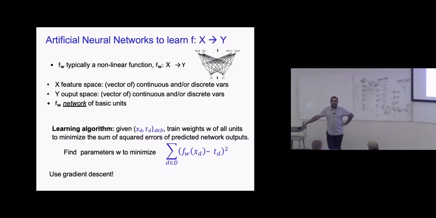What is the simplest thing? Dot product. Yeah? Because you have W1, W2, W3, W4, W5, and you have X1, 2, 3, 4, 5. So you essentially take a dot product over Wi, Xi.